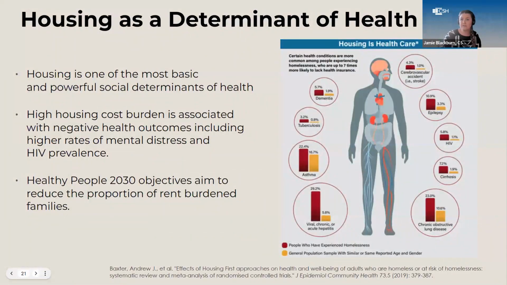So rent burdened means you're spending more than 30% of your income on housing at any time. And the fact that this is being explicitly stated as a goal, that we need to bring down this number of folks that are disproportionately paying more of their income towards housing as a way to improve health, right?